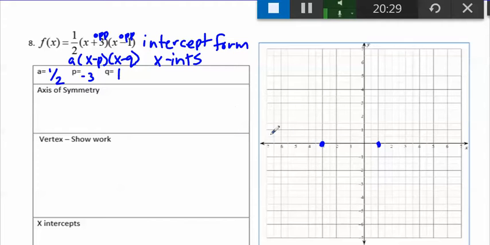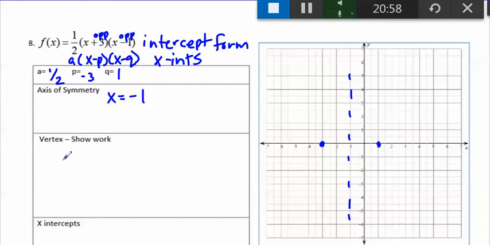To find your axis of symmetry, it's halfway between these. So halfway between -3 and 1, I'm going to move in one box, and one more. So my axis of symmetry is at x equals -1. The vertex will have an x value of -1, and to find the y value, you can plug into your equation.